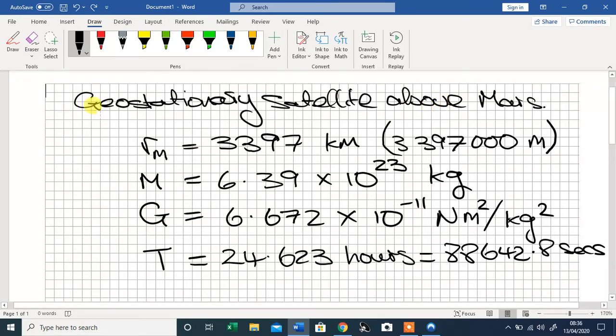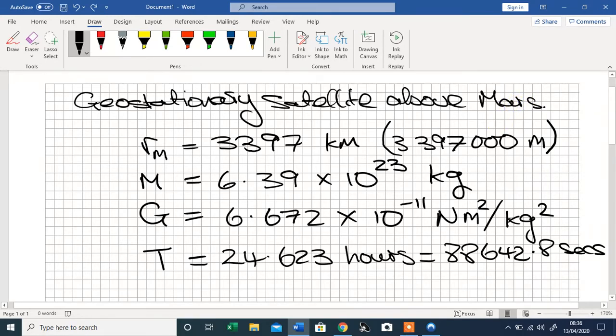This is exactly the case for a geostationary satellite above the planet Mars. As the geostationary satellite is orbiting the planet Mars, it always stays over exactly the same point on the planet.